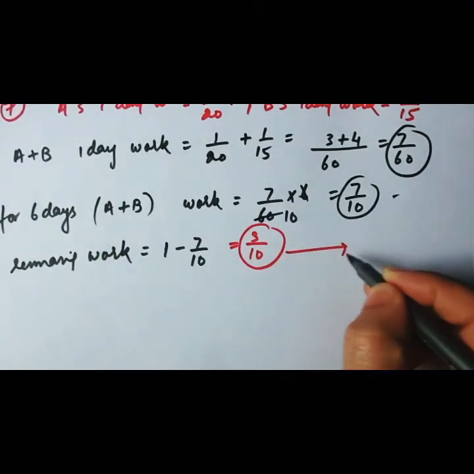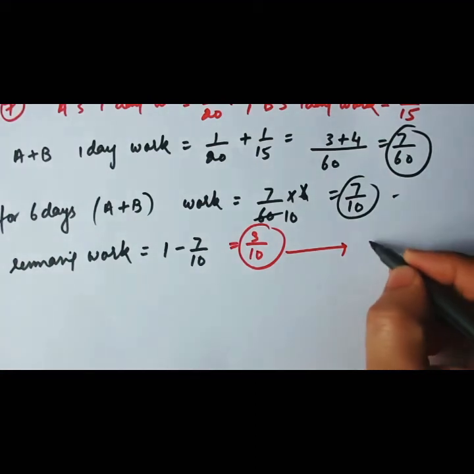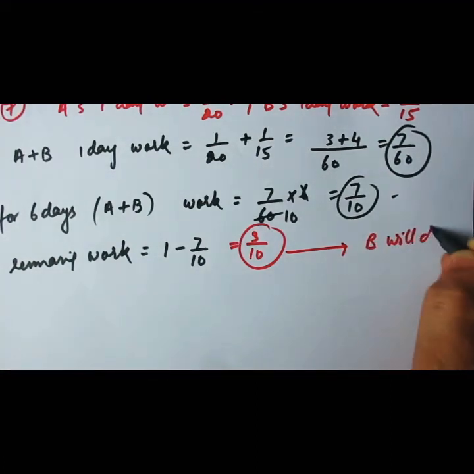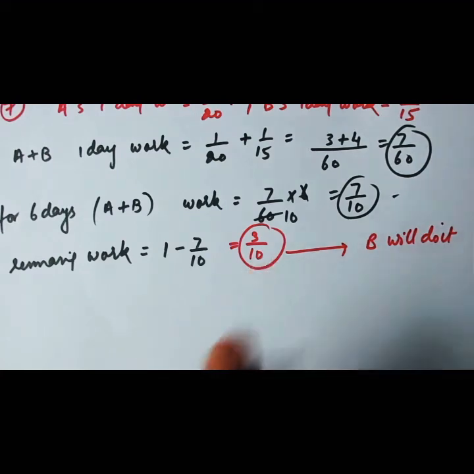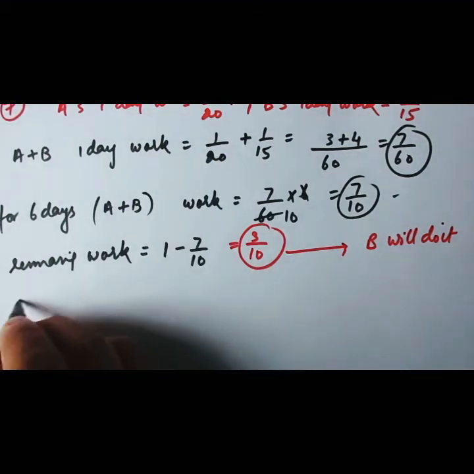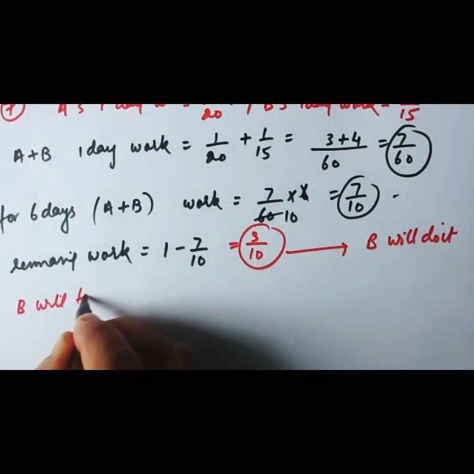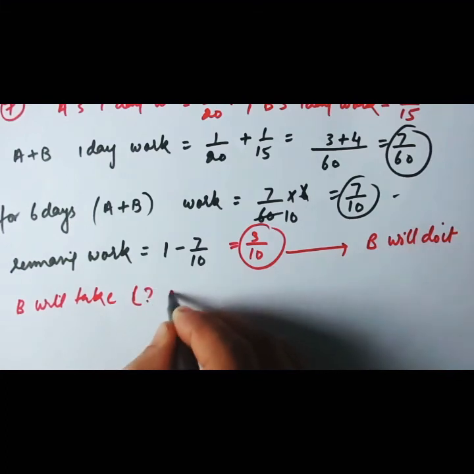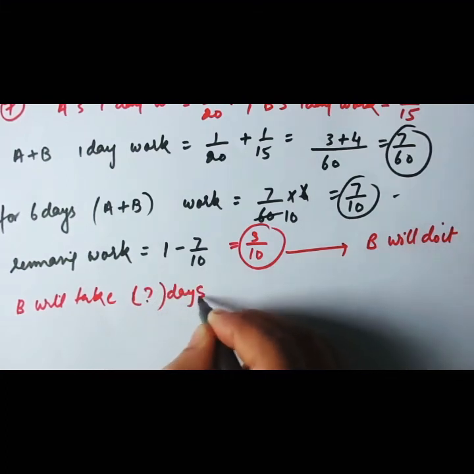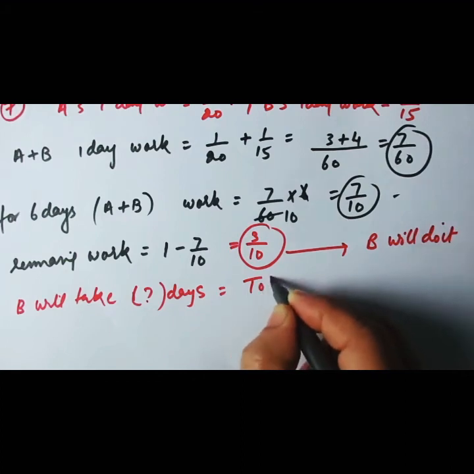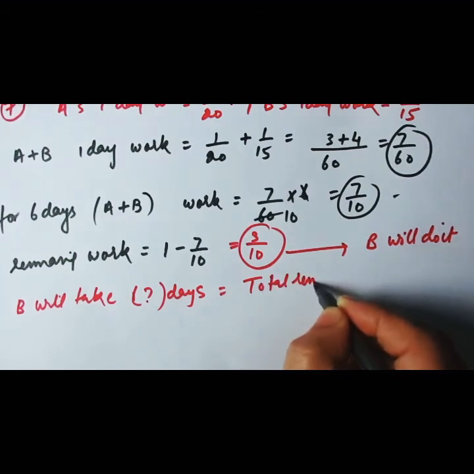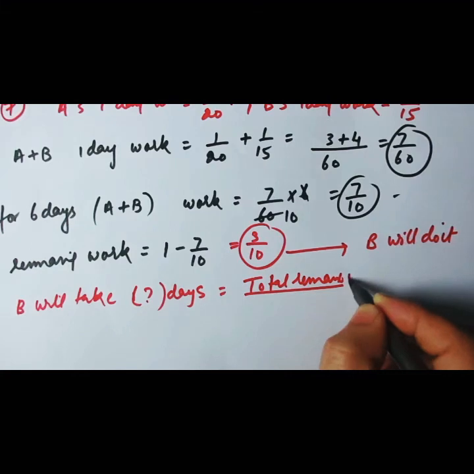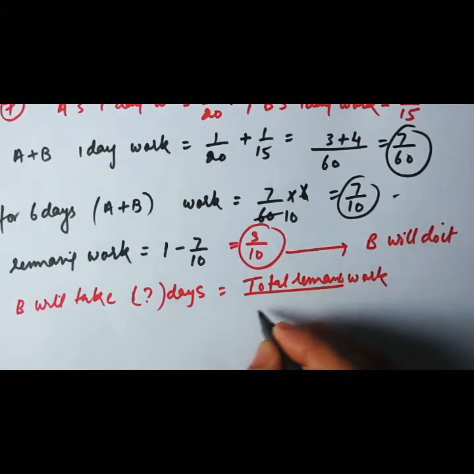And who will do this? They are saying that B will do it. So B will take how many days? Days is equal to total remaining work by work done in 1 day.